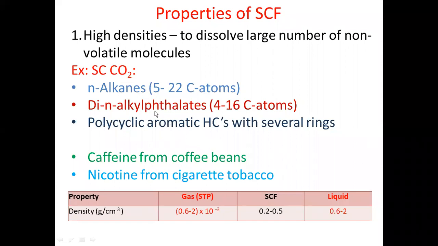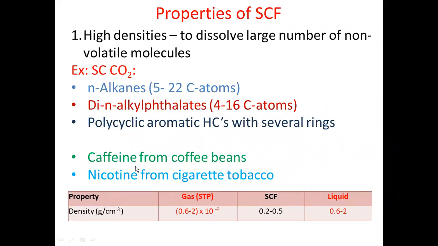As a result of these excellent properties, two popular applications are seen, especially in separation science, that is decaffeination of coffee beans. Decaffeination of coffee beans is done particularly by the supercritical fluid extraction process. And even the removal of nicotine from cigarette tobacco is performed by using the supercritical extraction technique, using supercritical carbon dioxide as a fluid.